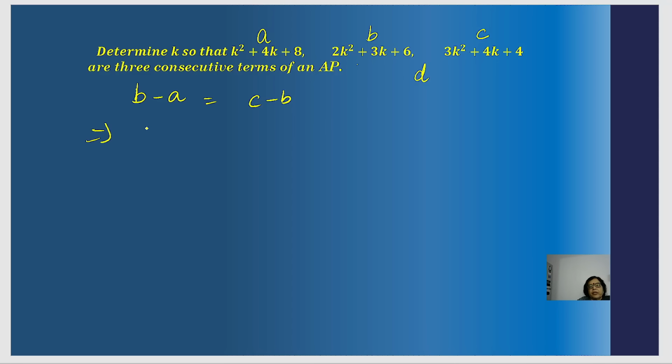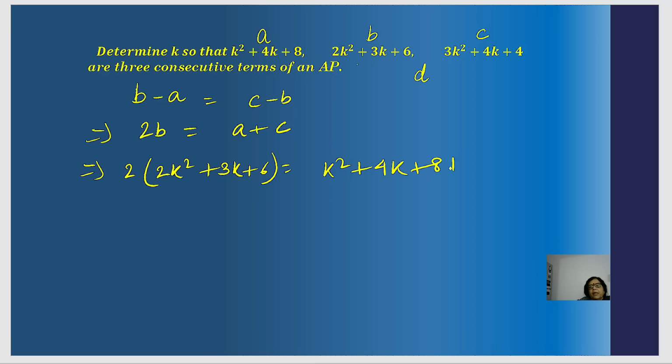So this can be rewritten as 2b is equal to a plus c. So this becomes 2 into b, that is 2 into 2k squared plus 3k plus 6, and a plus c can be written as k squared plus 4k plus 8 plus 3k squared plus 4k plus 4.